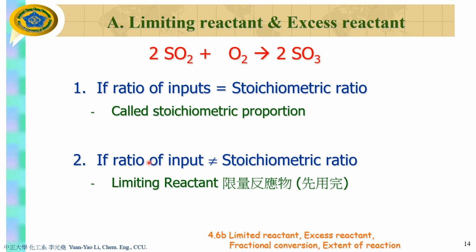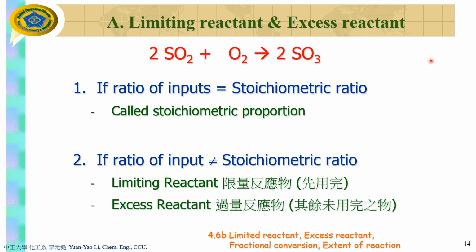However, if the ratio of the input doesn't equal the stoichiometric ratio, which is not 2, then the limiting reactant will be used up first. In this case, SO2 is used up first, so this will be the limiting reactant, and this will be the excess reactant.